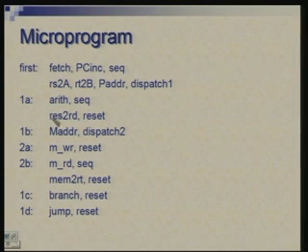Incidentally, microprogram memory is also called control store. So, the first instruction I have labeled where you fetch, do PC increment, and the sequence control is that you go in normal sequence. In the second one, we are doing this and doing dispatch 1. Here we do dispatch 2, and here again an example of sequence, and then the rest are reset.